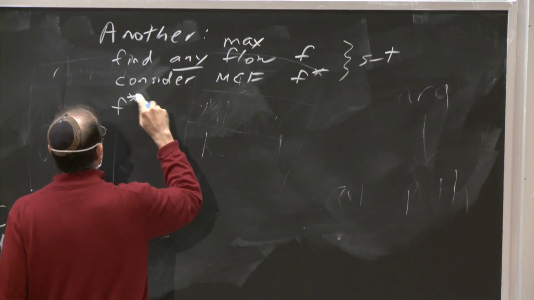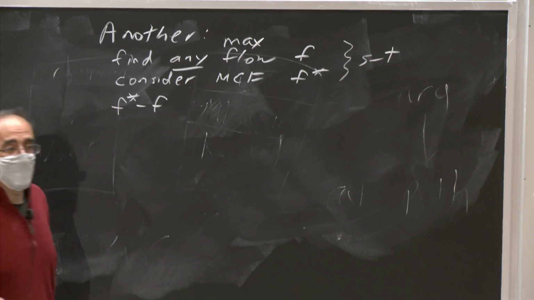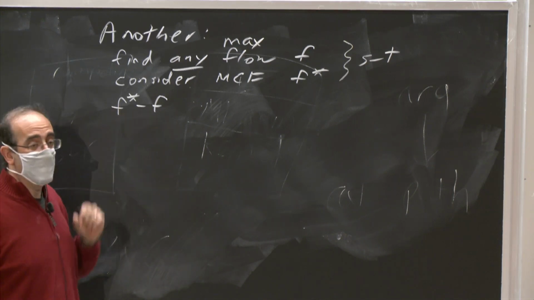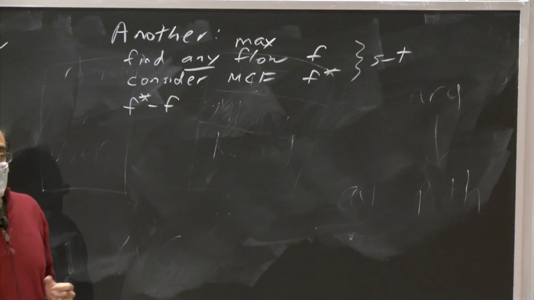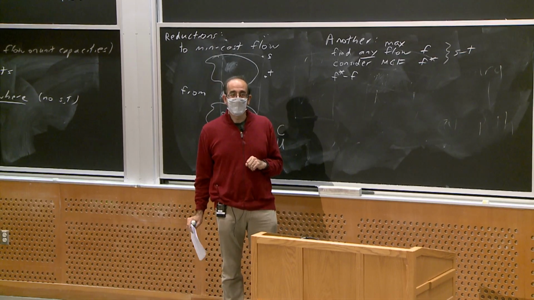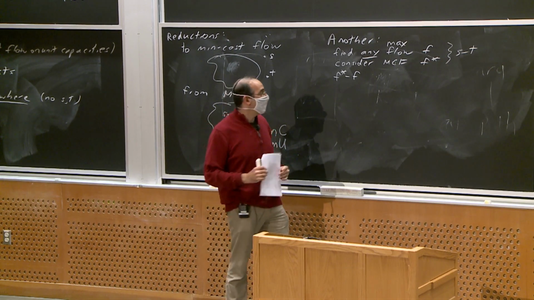So now we have two flows from S to T. I claim that the difference of these two flows is a circulation. You take every edge and you subtract from the flow F star the amount of flow that F is using on that edge. What do I get if I subtract two S-T max flows? It's a circulation.